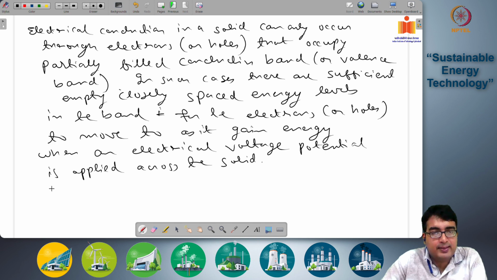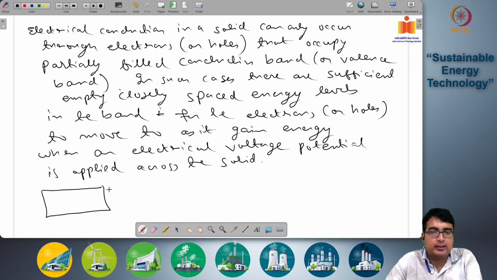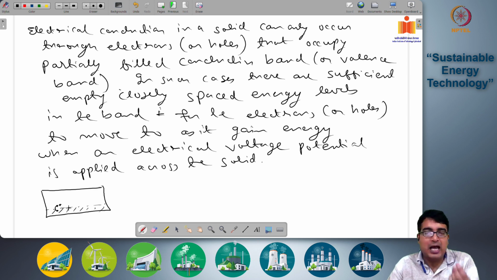So the idea is, look at your conduction band for a conductor. Because it is overlapping with your valence band, part of the conduction band is filled with electrons and part of it is empty, but these empty spaces are very closely spaced. So an electron here can easily move to one of the empty spots when it gets some excess energy from the electrical voltage potential being applied across the solid.